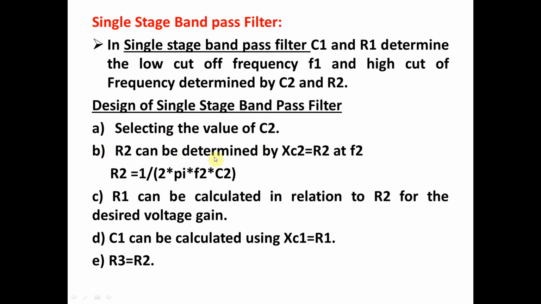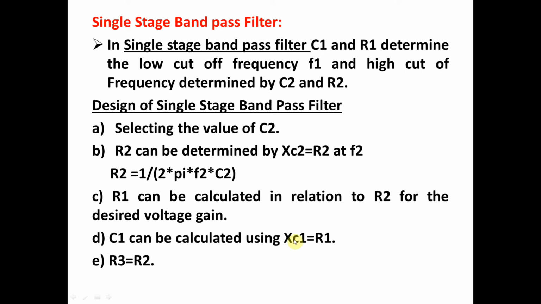B. R2 can be determined by XC2 equal to R2 at F2, where F2 is the higher cutoff frequency. Then R2 is equal to 1 divided by 2 pi F2 into C2. We already have the value of C2, and F2 we determined, so we can substitute and get the value of R2.